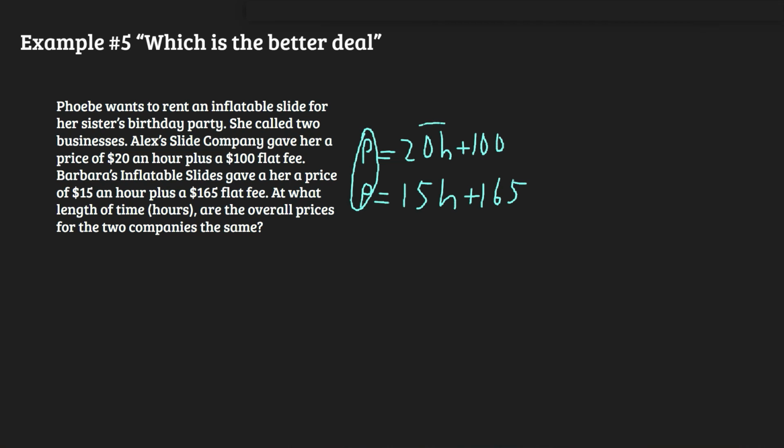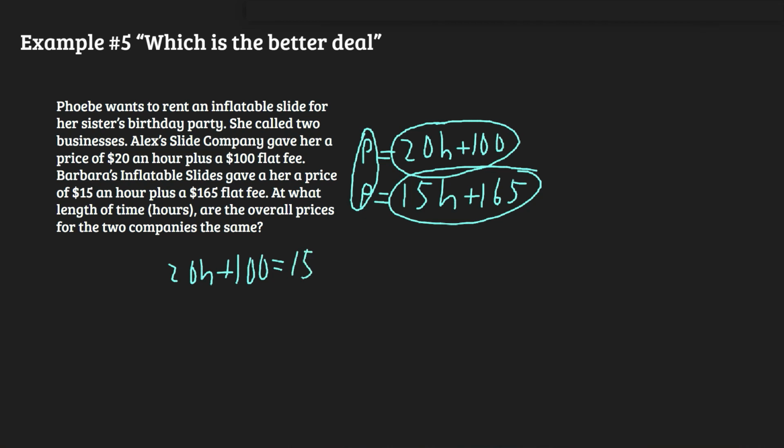So what that means is I can equate this 20H plus 100 and this 15H plus 165. So I'm going to say that 20H plus 100 is equal to 15H plus 165. And once we solve for the hours, we can solve for the price.